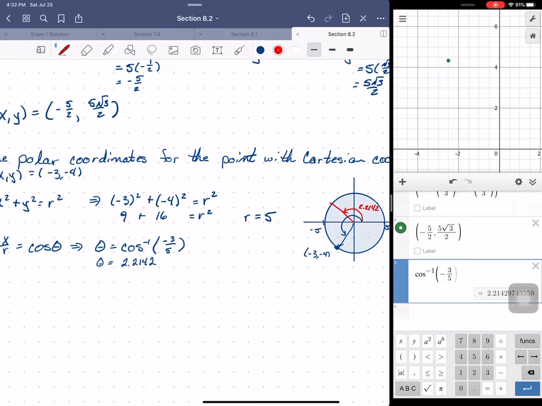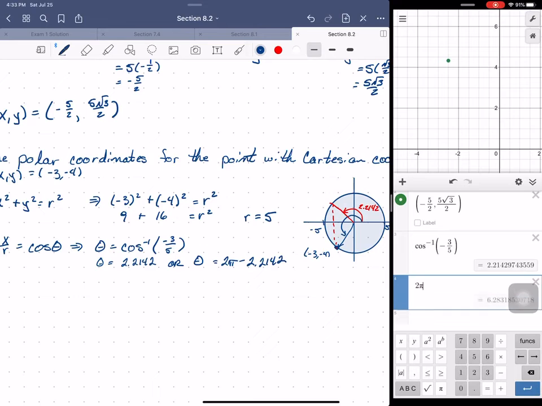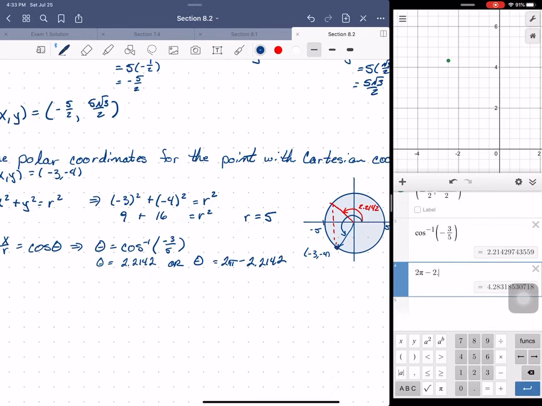But we remember that we know how to get to the other angle that has the same cosine, because theta might also be 2 pi minus 2.2143.